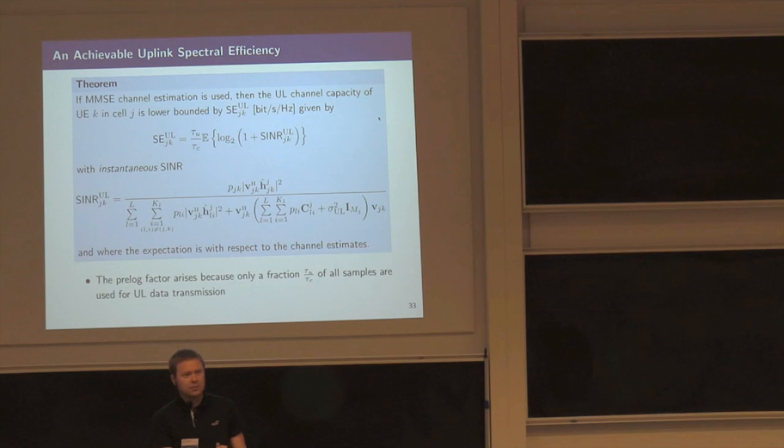The channel hardening was the property that Eric was talking about, that when you take the norm of this channel vector and divide by the number of antennas, this will look more and more like a constant value, even if it's a random channel from the start. So in Eric's case, this converges to, or looks very similar to, the beta value. In our case, it will look very similar to the trace of the covariance matrix divided by the number of antennas, but it's the same kind of concept.